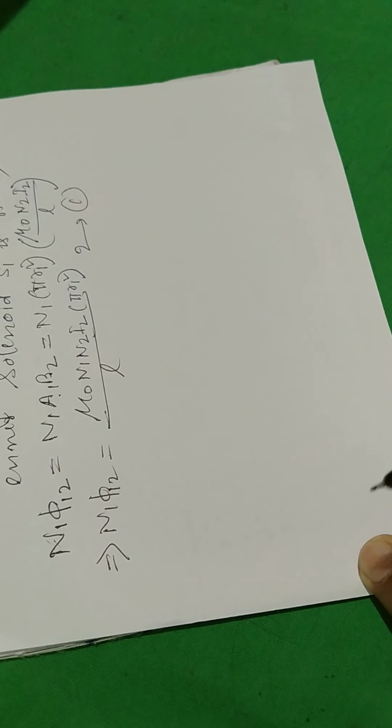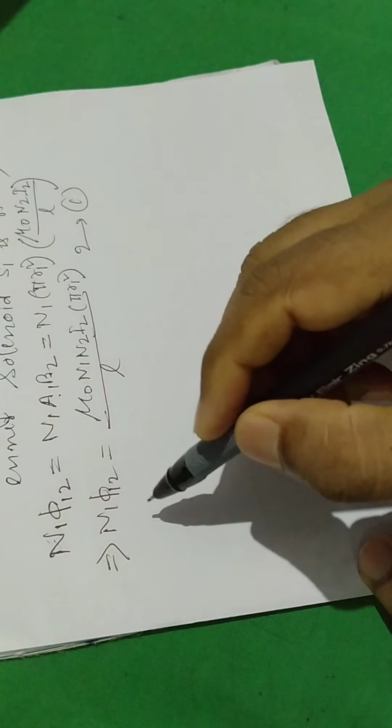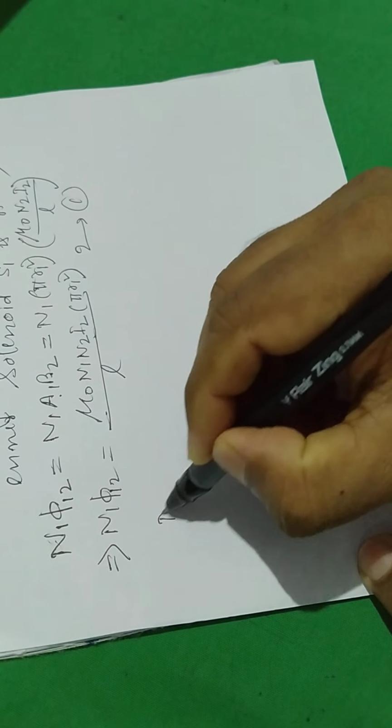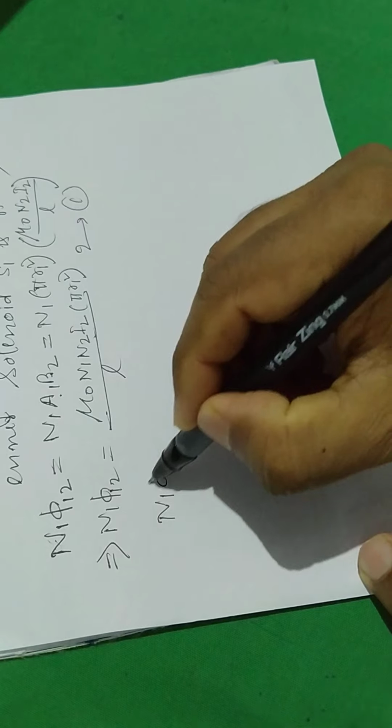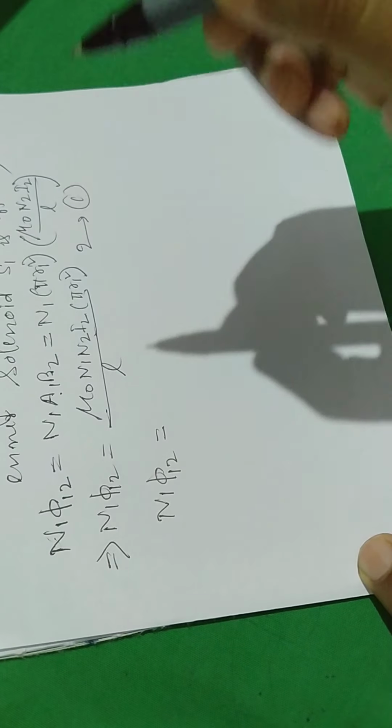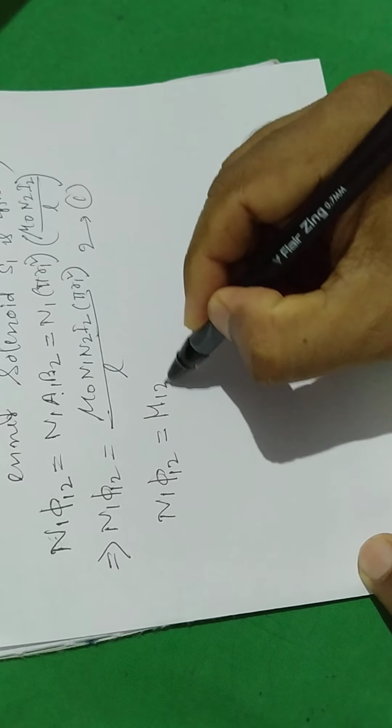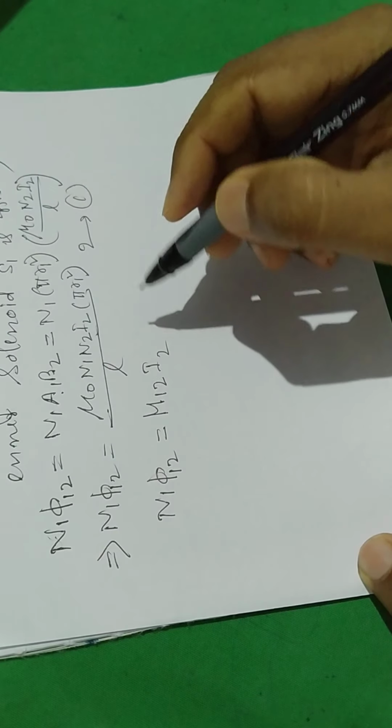According to the definition of mutual inductance, we have N1 phi 12 equal to M12 I2.